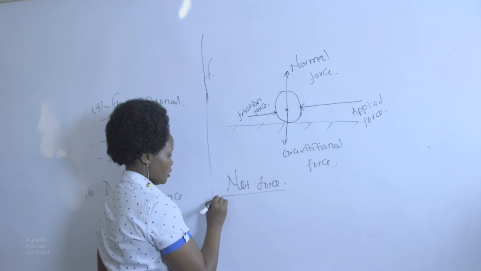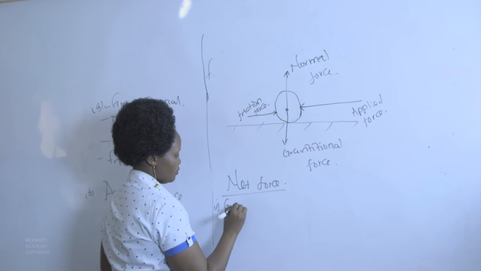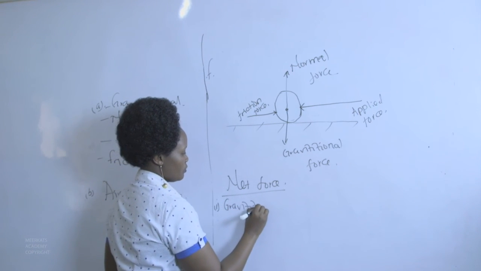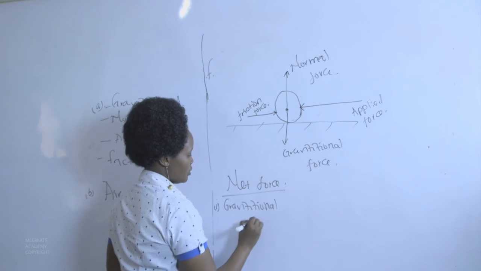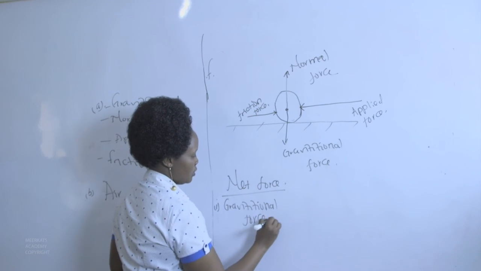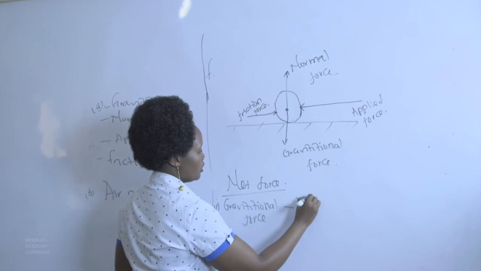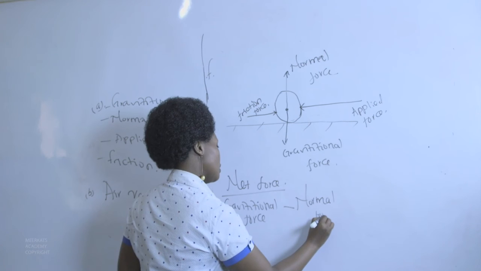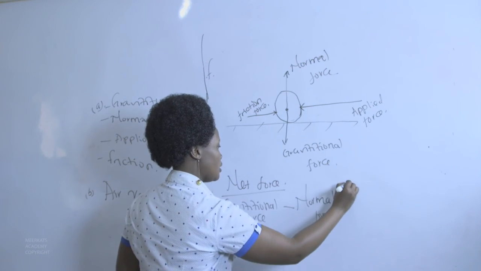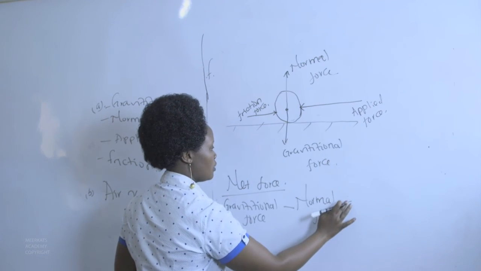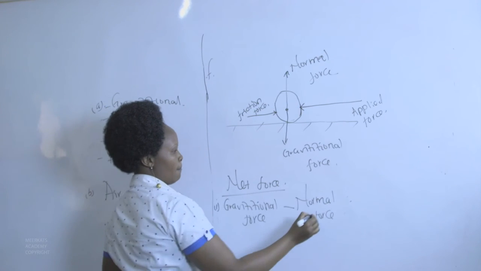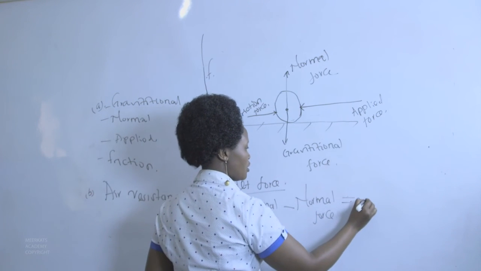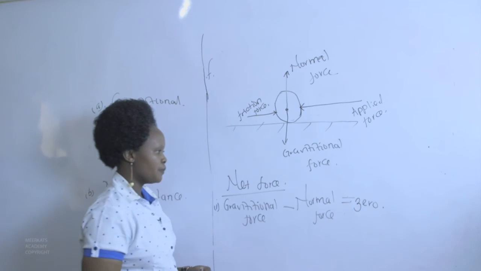Number 1, gravitational force, subtract the normal force, and the resultant is actually 0.